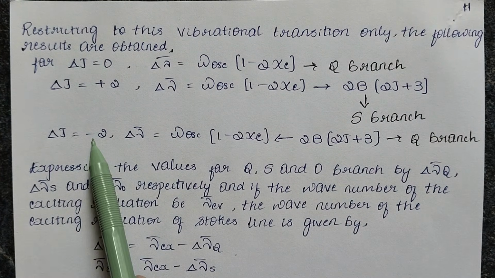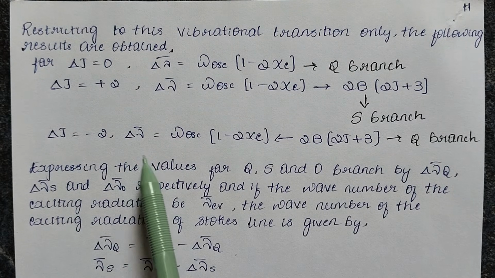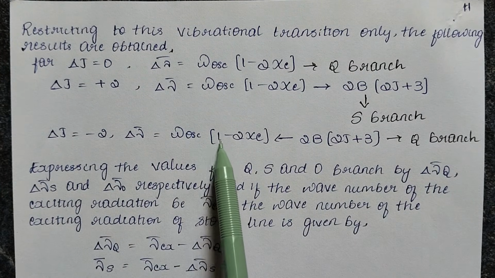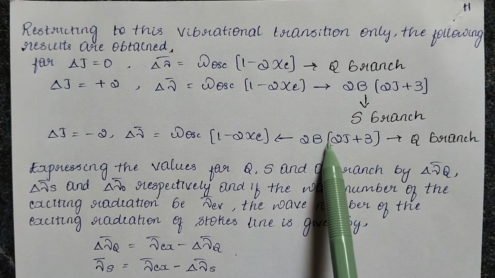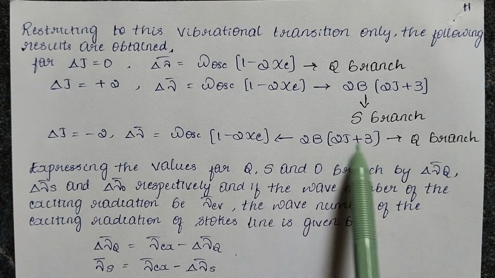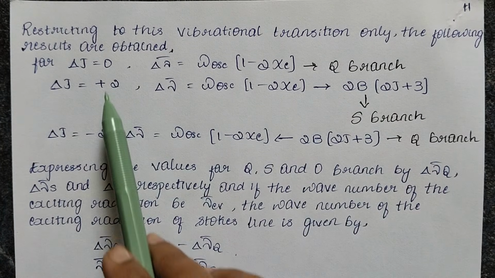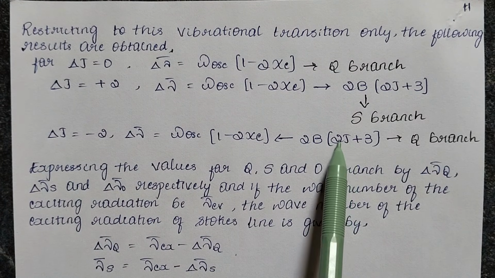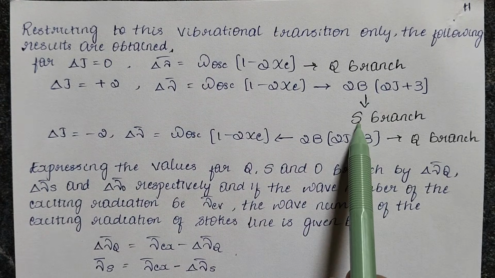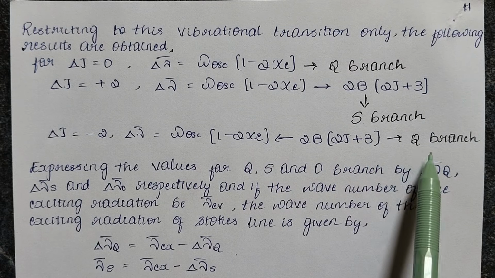And if delta J is equal to minus 2, then delta mu bar is omega oscillation into 1 minus 2xe, which gives 2B into 2J plus 1, which is nearer. This is away. Here it is plus 2, so more energy is given out, but here less energy is given out. So this comes under the S branch, whereas this comes under the Q branch.